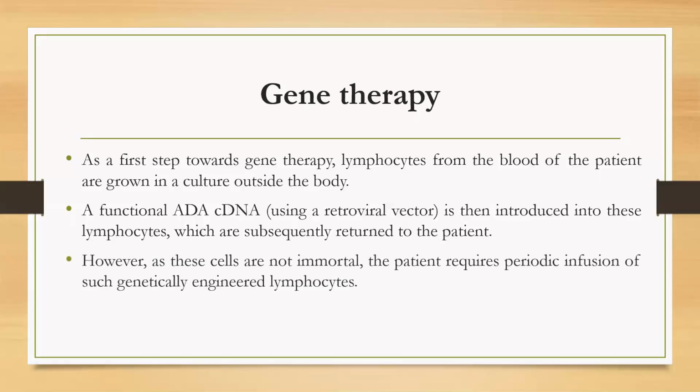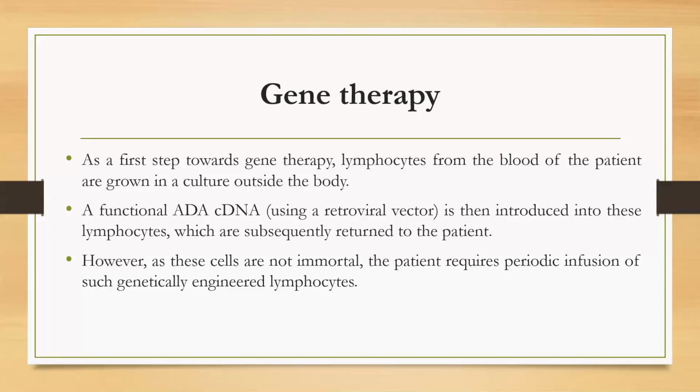However, as these cells are not immortal, they will die. The patient requires periodic infusion of such genetically engineered lymphocytes. See, the treated lymphocytes were introduced into the bone marrow of the patient. Such lymphocytes will survive for some duration, some days.